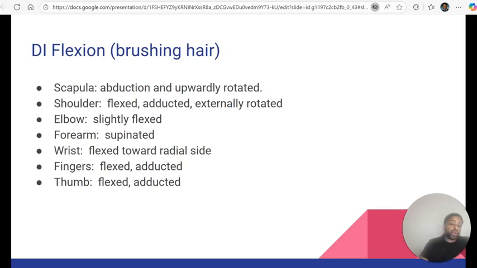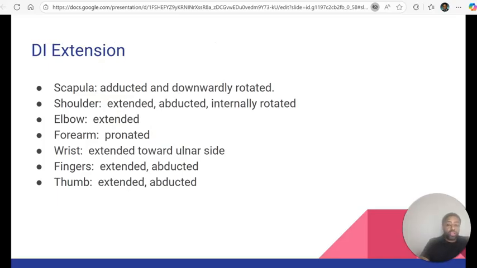You can engage the person to go through this plane of movement for brushing hair. For D1 extension, these are the movement patterns associated: shoulder extended and abducted, internally rotated, and then elbow extended and forearm pronated. From that position, the person is going to go into the opposite movement pattern as well. So you could work on picking something up and putting it into a closet, or onto a shelf.